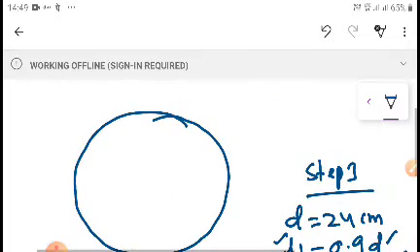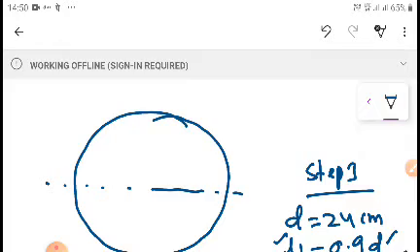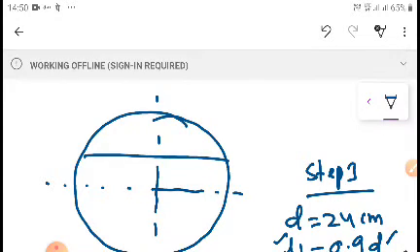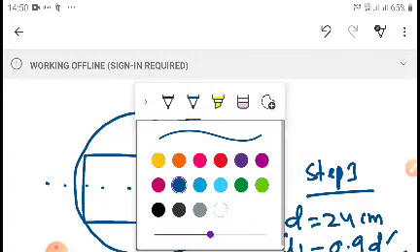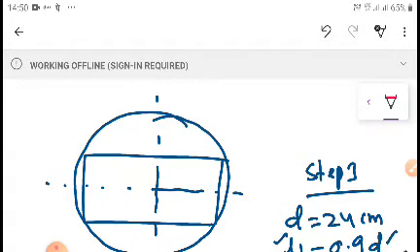So based on L1, clearly we know this is the center point, and this is the first step. Based on the length L1, join this one. Okay, next, based on L2, measure the length here, measure the length here, then join here, and join here.